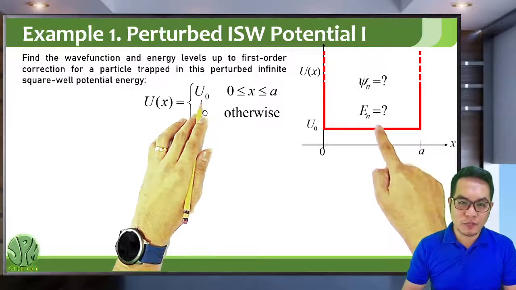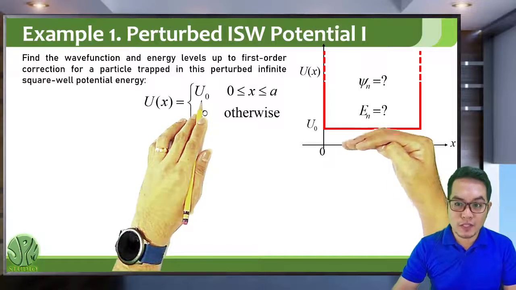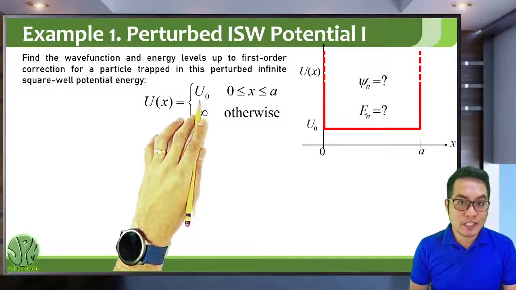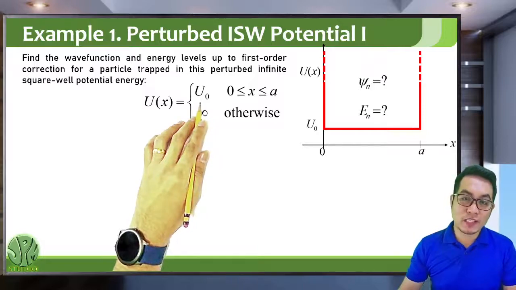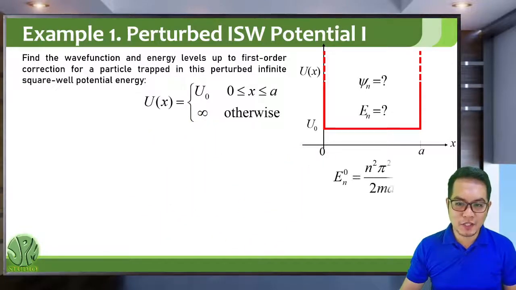So the floor of our square well is now raised by a value of U naught. And this can be considered as a perturbation, because originally you have 0 potential energy, but now you have a U naught potential energy. So this is our perturbation, where U naught is a constant value of potential energy.